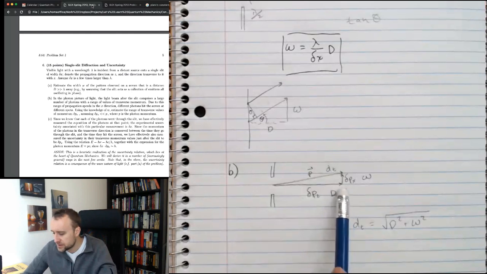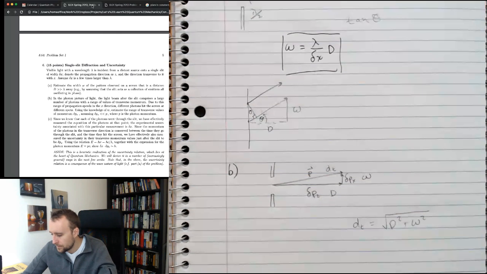There must have been some momentum in this direction, some momentum in that direction, right? I don't know if it depends on D. Oh no, D is here, so it has to depend on D. This is the distance going that way, but we want the momentum that's going that way.